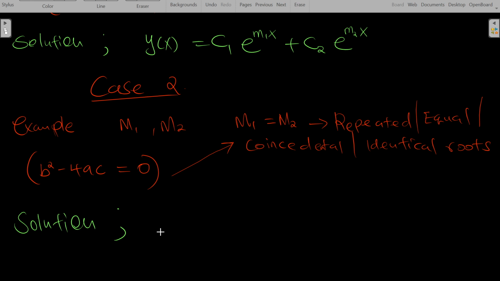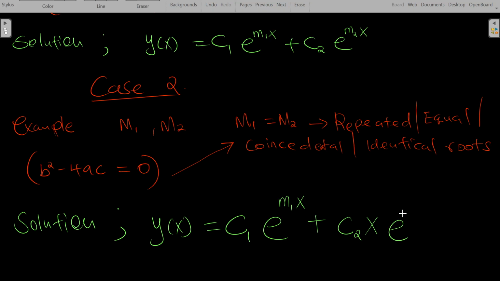So the general solution will be y of x equals c1 e raised to m1x plus c2, check here, I'm multiplying by x, so c2x e raised to m2x.